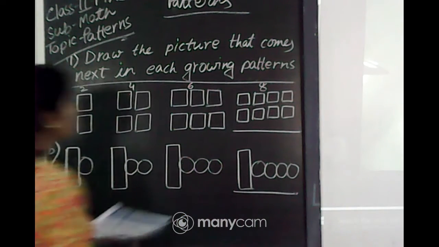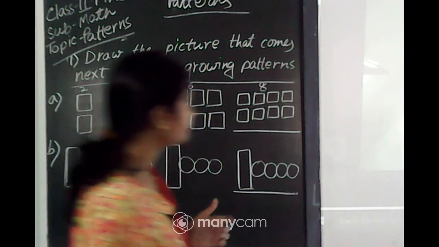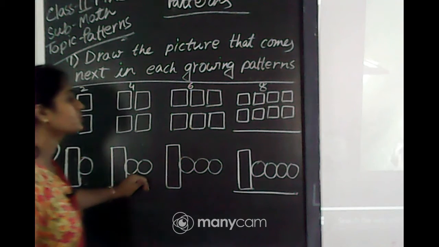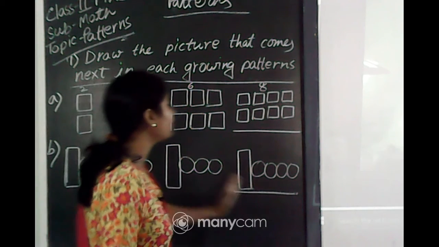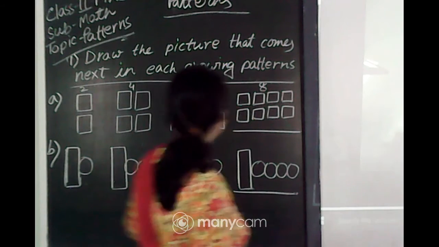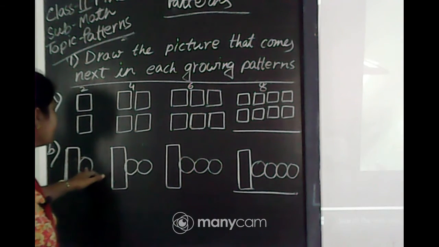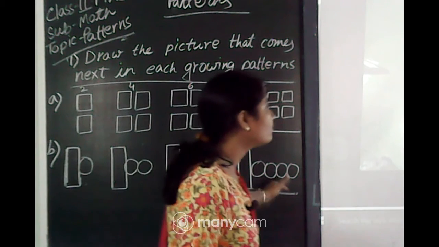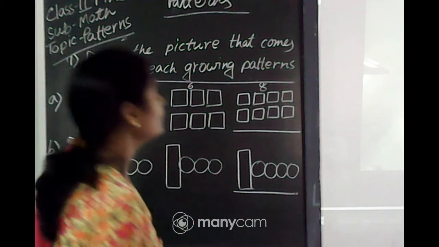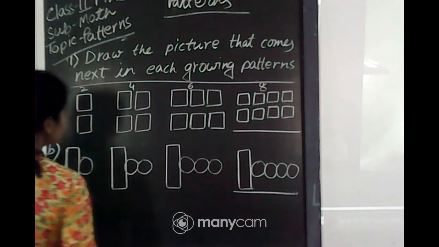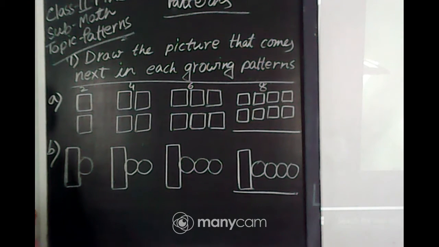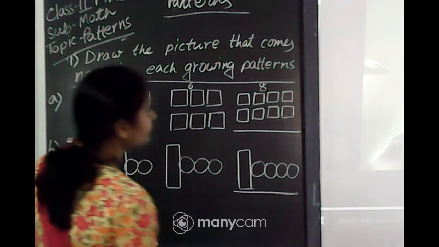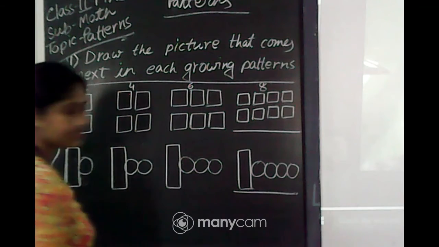Please, all of you, note down: 1 rectangle, 1 square, 1 rectangle, 2 squares, 1 rectangle, 3 squares, 1 rectangle, 4 squares. Yes, Nihan, 1 rectangle and 4 circles. This is the pattern. Yes, beta Nihan.